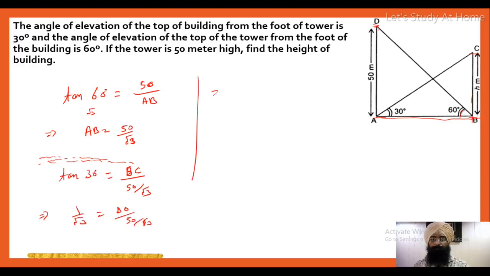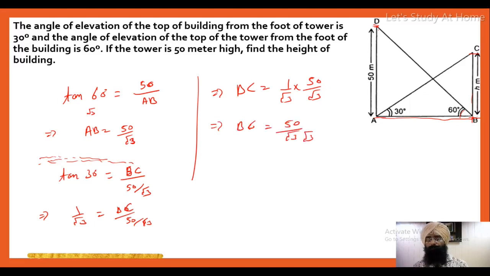So this implies BC is equal to 1 over under root 3 times 50 over under root 3. The under root 3 in the denominator will multiply on this side. So BC is equal to 50 over 3 under root into 3 under root, that is equal to 50 over 3.